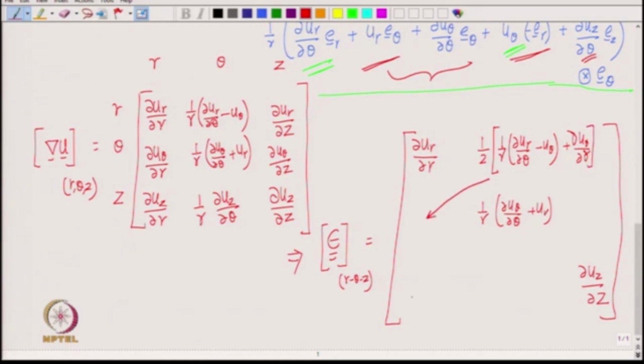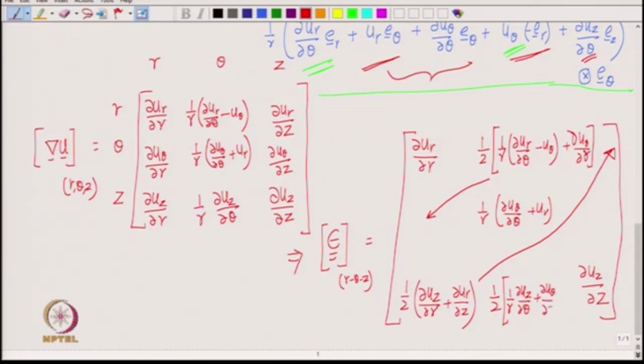Then this entry over here, again it is formed by the symmetric component, and that is half of del u z over del r plus del u r over del z, and then this is same as the term over here, and finally over here we will have half of 1 by r del u z by del theta plus del u theta over del z. Okay, so, that is your strain matrix.